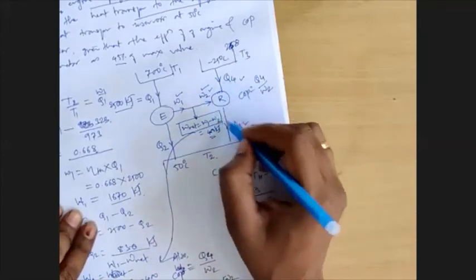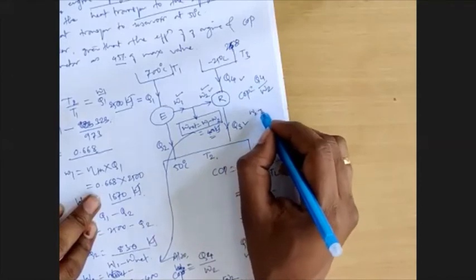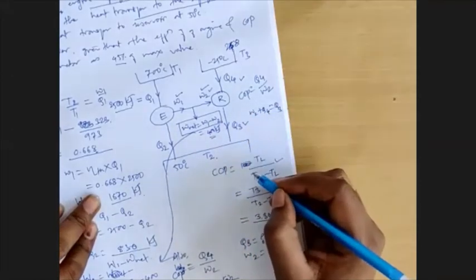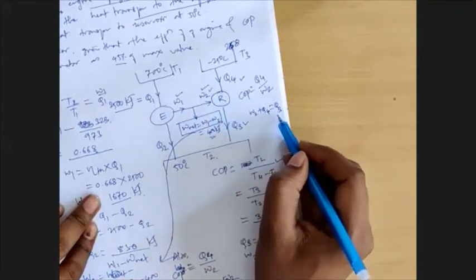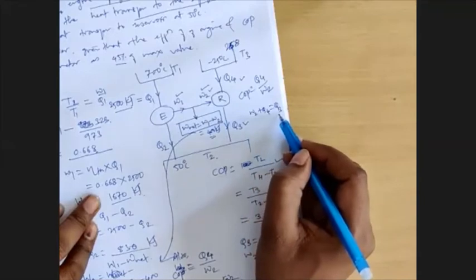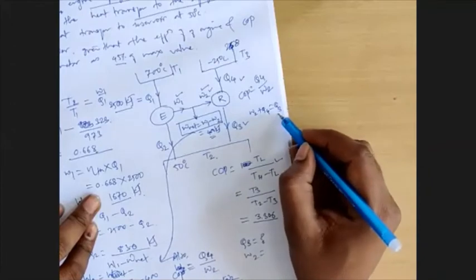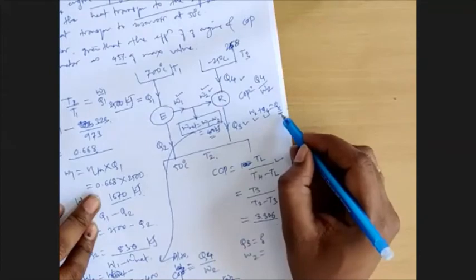So the relation between those three will be W2 plus Q4 is equal to Q3, right? Because those two are entering the system and Q3 is leaving the system. So the addition of those two must be equivalent to Q3. And we have calculated Q4, we have calculated W2, we need to find Q3.